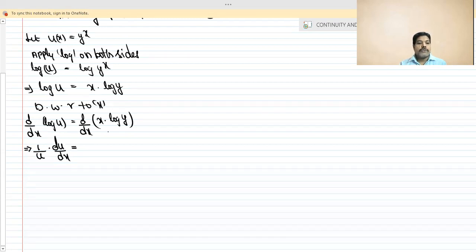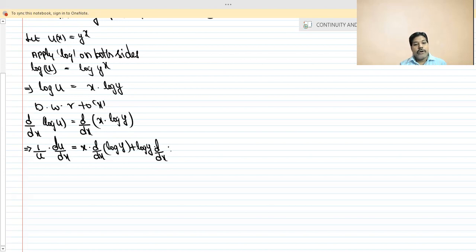Apply the UV formula carefully, students: u into the derivative of v, that is d by dx of log y, plus log y into the derivative of x.